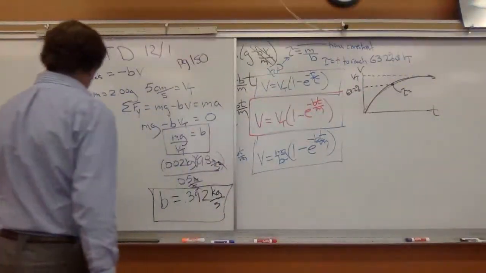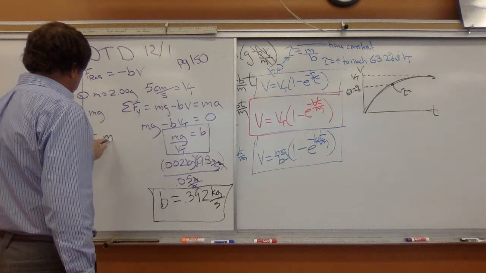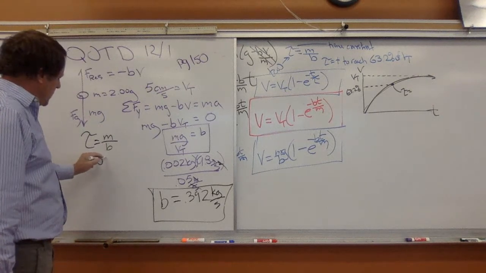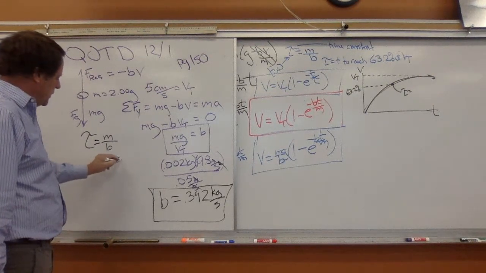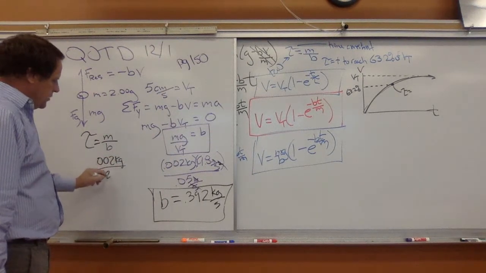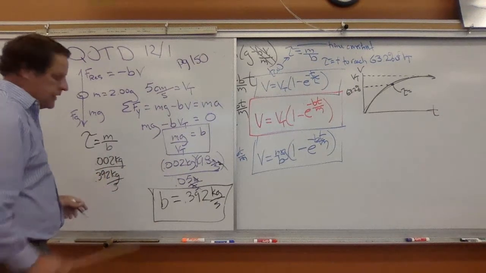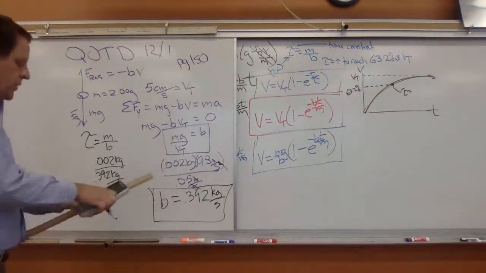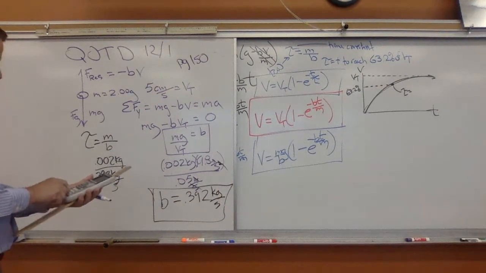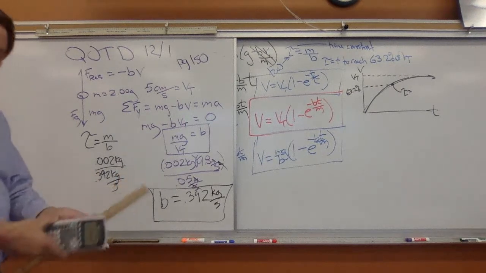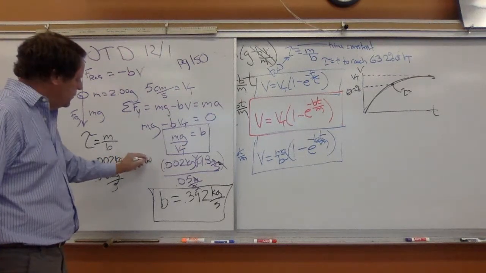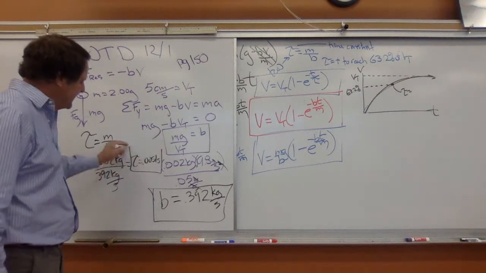So when we're calculating tau, we just want to do m over B, which our mass is 0.002 kilograms, divided by B, which is 0.392 kilograms per second. And if we calculate that out, we're going to end up with 0.0051. Okay, so our tau value is 0.0051 seconds.